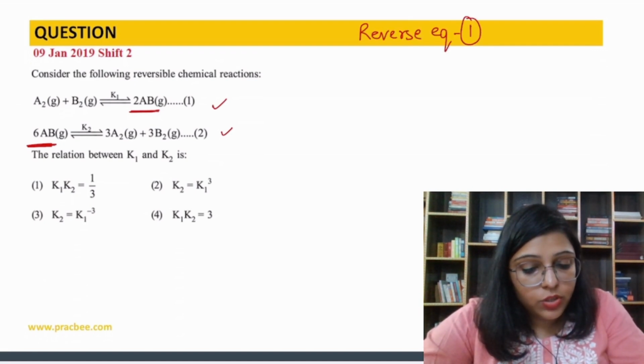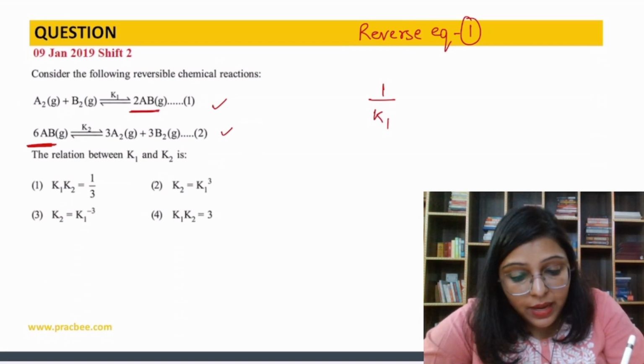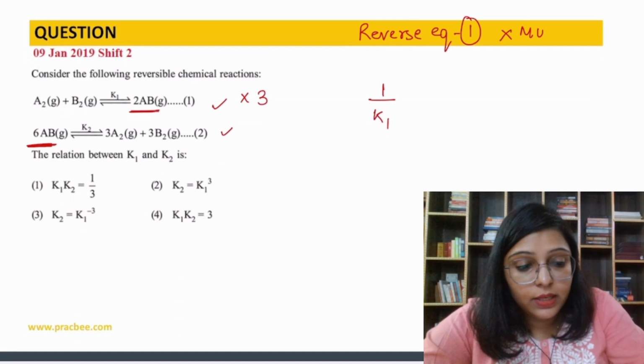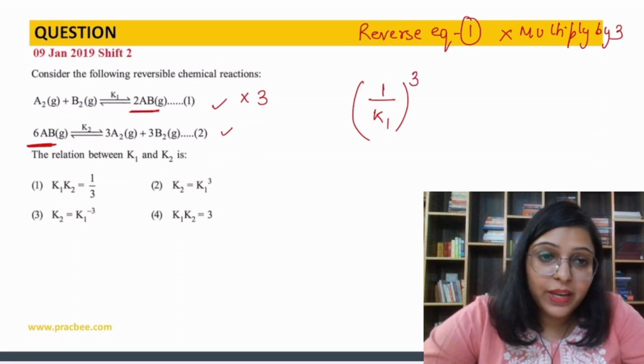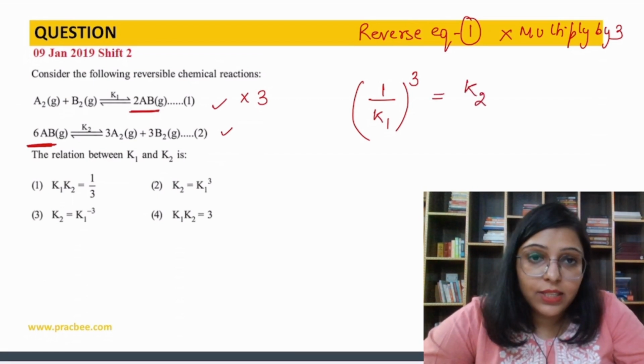On reversing equation 1, the equilibrium constant is going to be 1 by K1, the reciprocal. Now you have to reverse and then multiply the equation by 3. If you multiply by 3, you get the second equation, and the equilibrium constant is 1 by K1 to the power 3. So that is equal to the equilibrium constant for the second reaction.